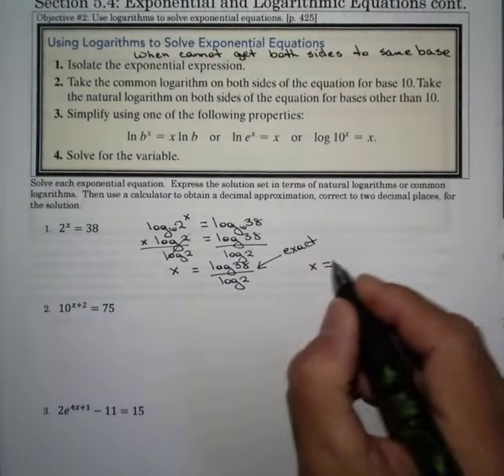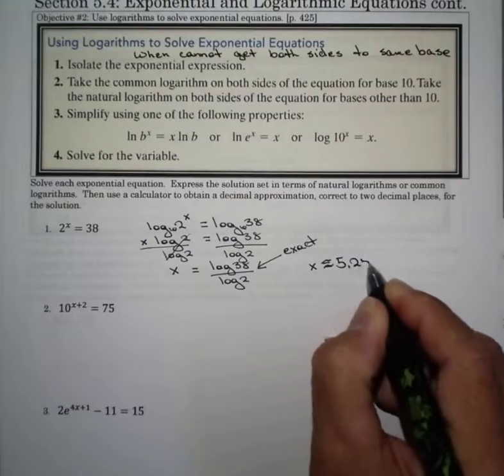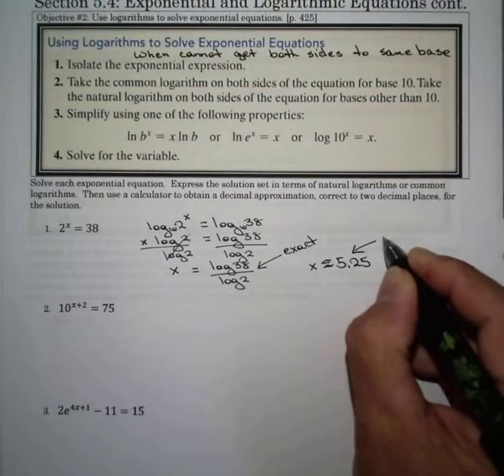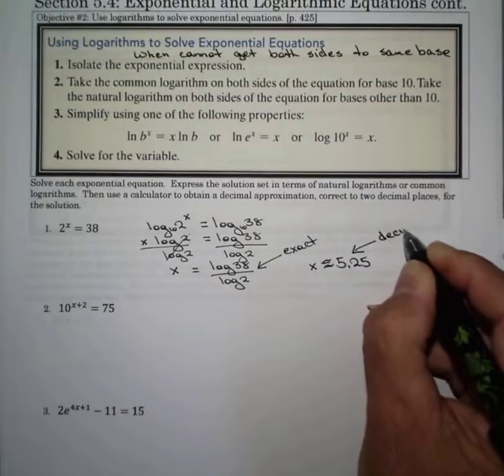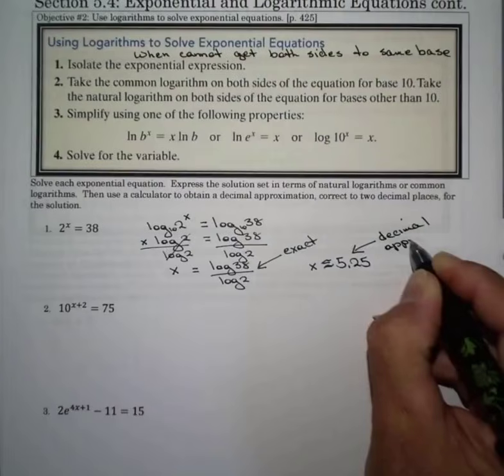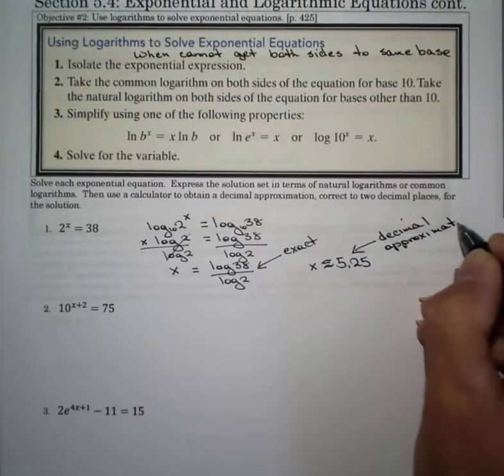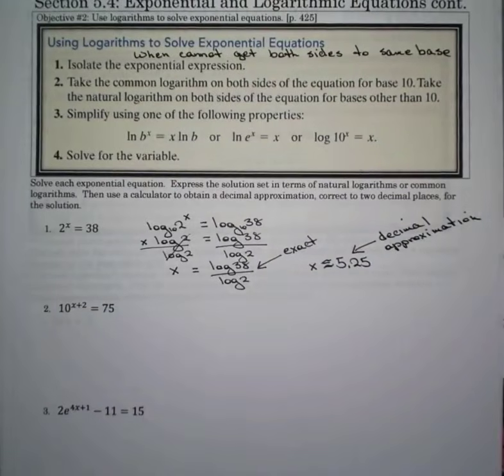But I know that that is not an exact answer. It's the decimal approximation. So you give your answer in whatever form it's asked for: the decimal approximation, or the exact answer, which does involve the logs.